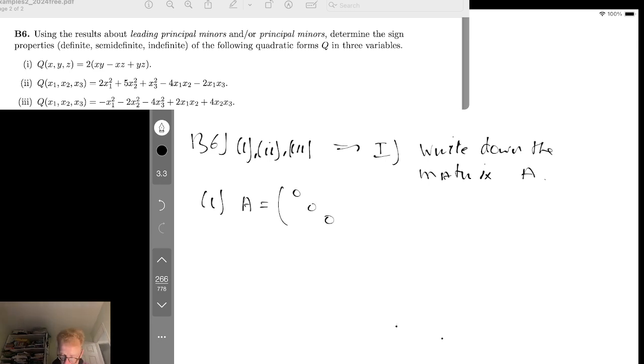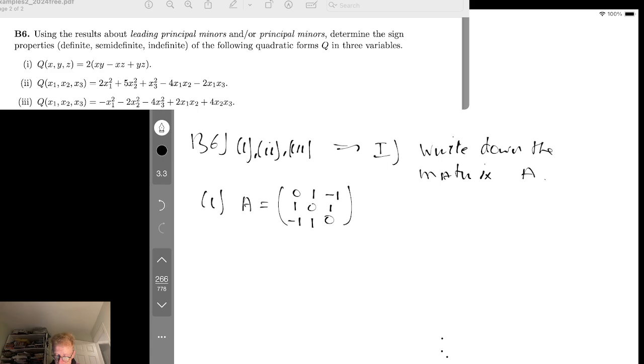The 2xy is 2, so that's 1 for xy, that's another yx, but minus 2xz, it's minus 1 for xz here, minus zx there, and then yz is 1 for yz here, and then 1 for zy there.